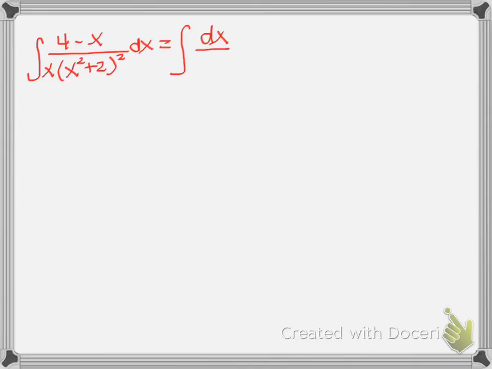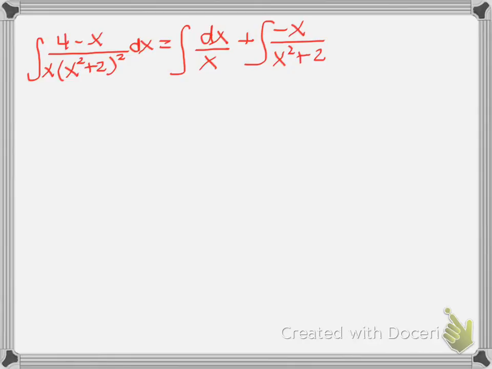The integral of 4 minus x over x times x squared plus 2 squared dx equals the integral of dx over x plus the integral of negative x over x squared plus 2 dx.